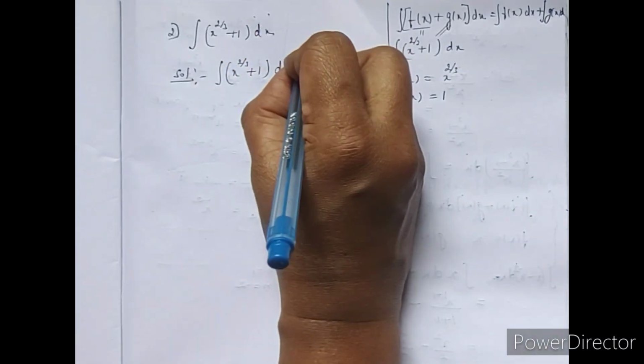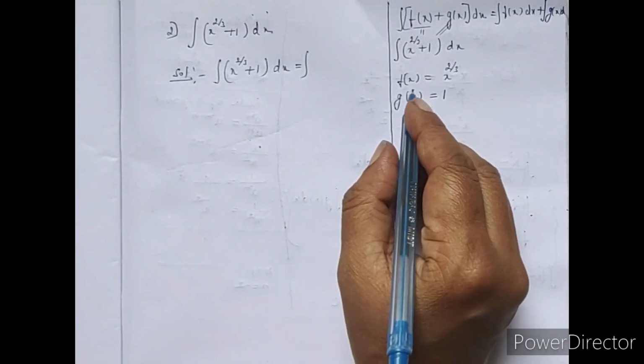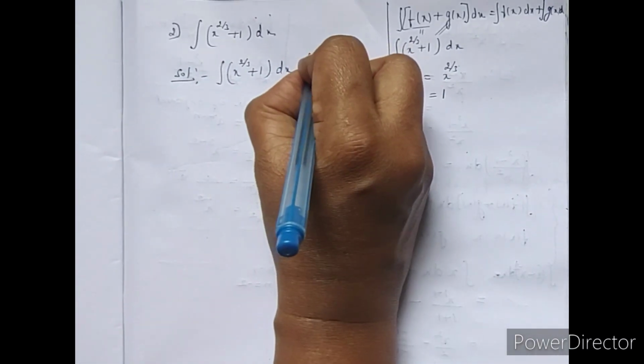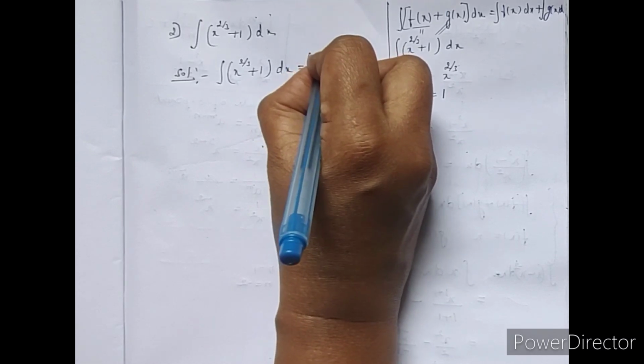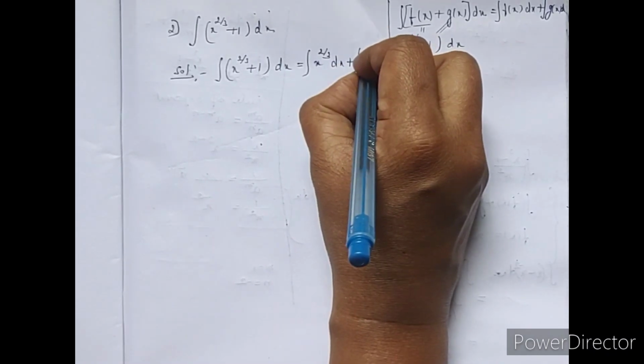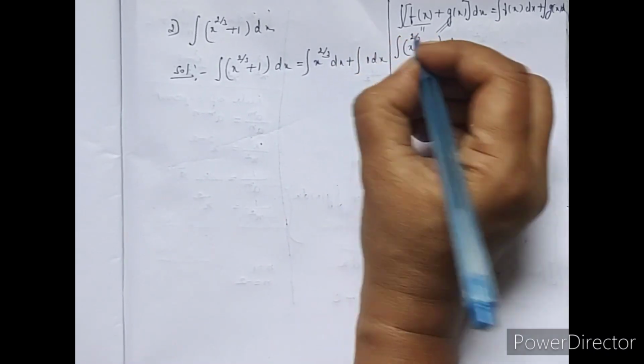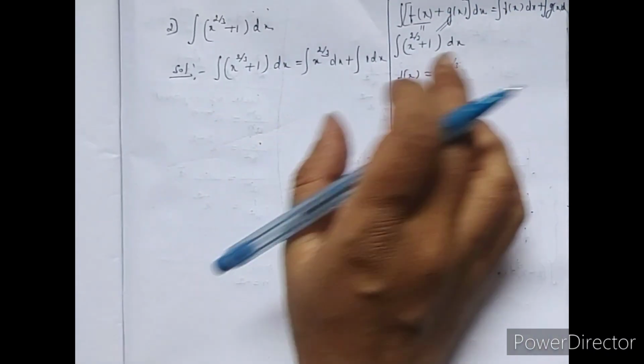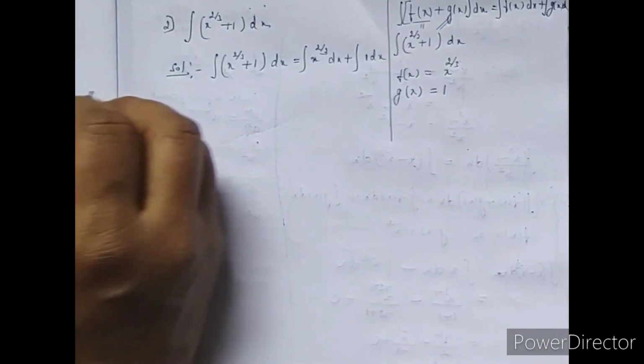What is f of x? F of x is x to the power of 2 by 3 dx, plus integration of g of x. G of x is 1, so 1 into dx. This is how you write according to this rule.